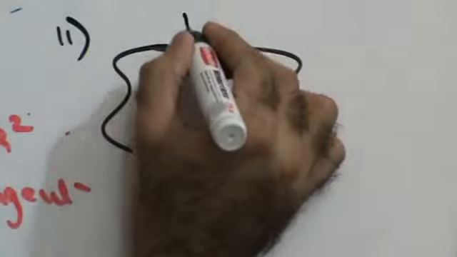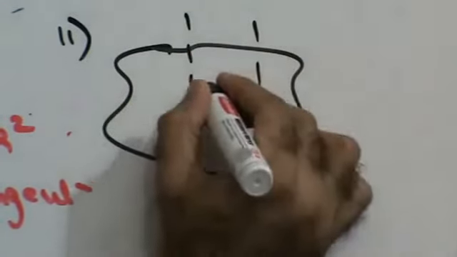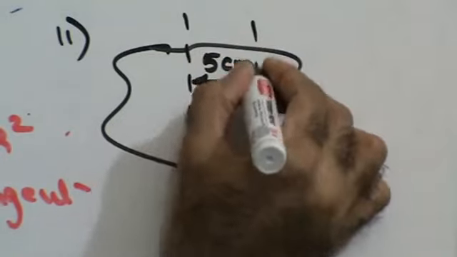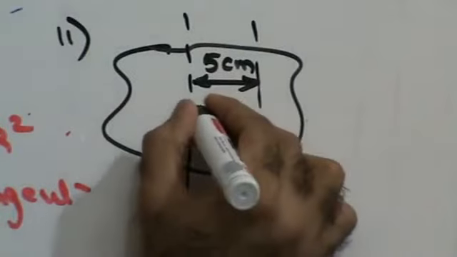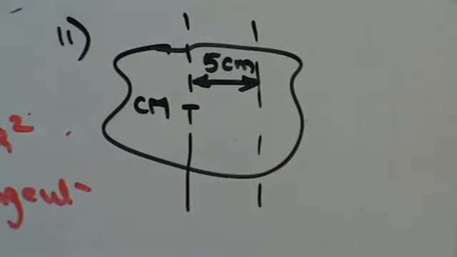The radius of gyration of a body about an axis at a distance of 5 centimeters from its center of mass is 13 centimeters.